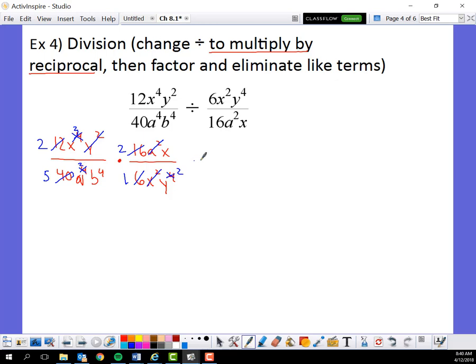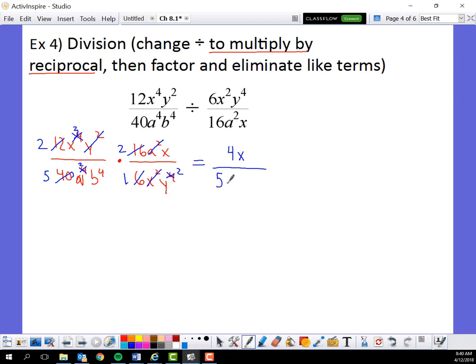So then we need to be a little bit more careful here to clean up everything we have. So in my numerator, I have a 2 times 2, which is going to be 4, times x. So my numerator, when I clean all this up, is 4x. Again, that was 2 times 2 times x. In my denominator, I have a 5, I have an a squared, a b to the fourth, and a y squared. So I have a little bit more going on in the denominator.